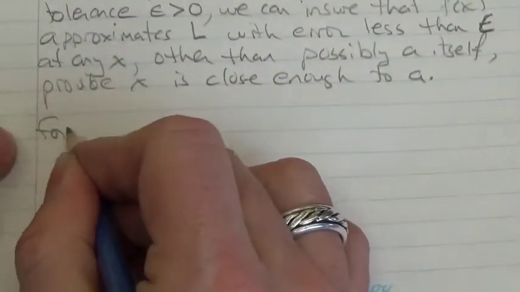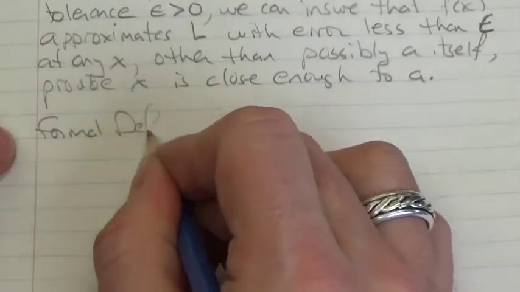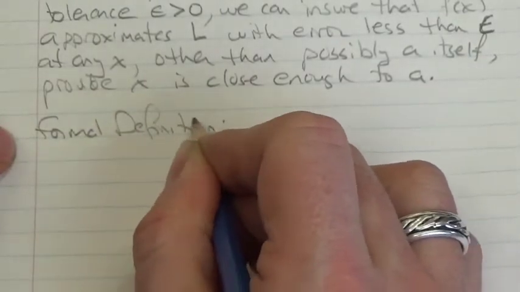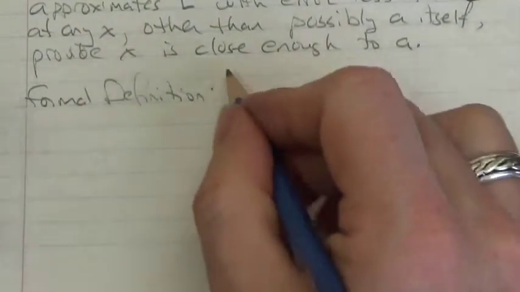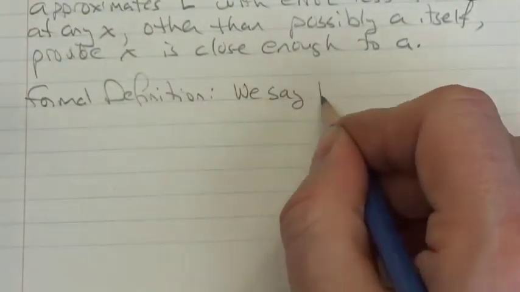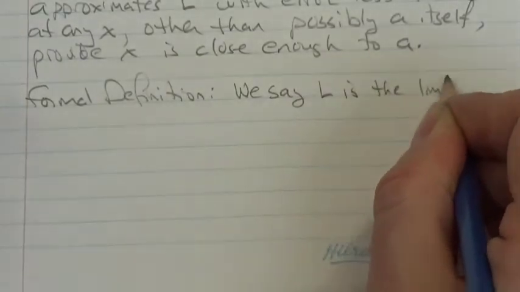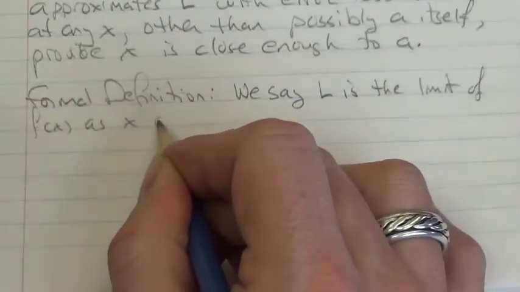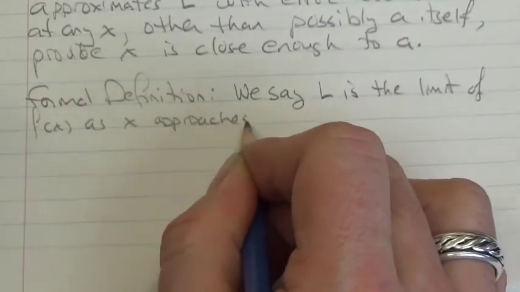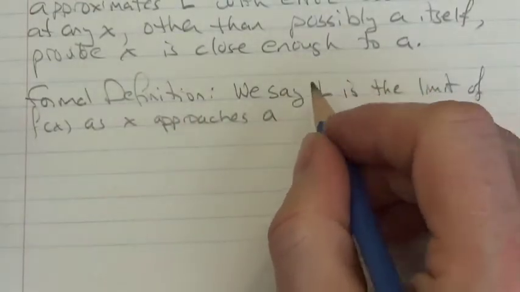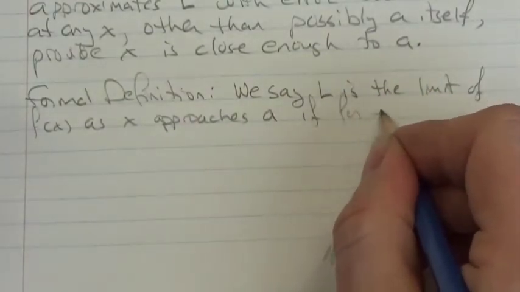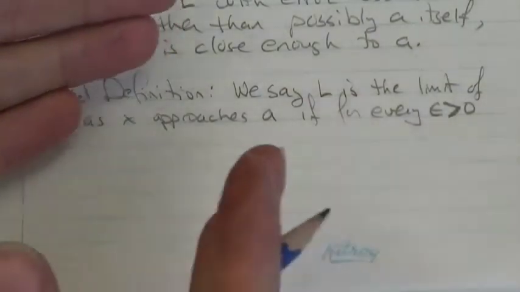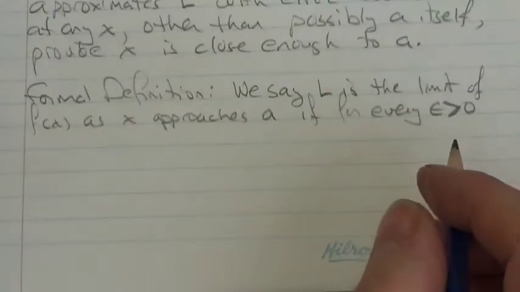Now we're going to take a look at the formal definition. This is going to be even more mathy. The formal definition looks more like this. We say L is the limit of f of x as x approaches A, if for every epsilon greater than 0, so we're back to that tolerance. I'm allowing for a little bit of give and take on either side of my target value.